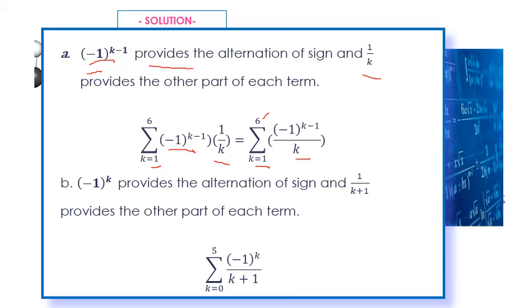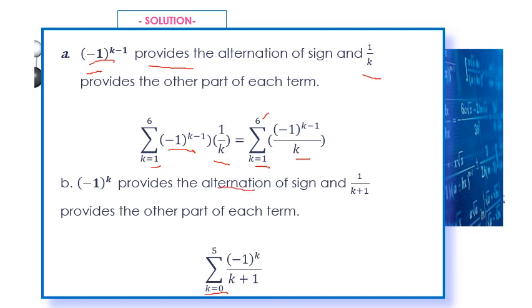For letter B naman, same man, it starts with positive. So we know that we are going to use the power of negative 1. However, gin-hambal sa aton nga problem nga dapat k should start with 0. So positive siya, so kabalo kita nga dapat raised to the power of 0 siya. So hindi na natin kinanglan mag-minus pa sa aton nga exponent. So that is k na lang sa aton exponent. Negative 1 raised to k provides the alternation of the sign.